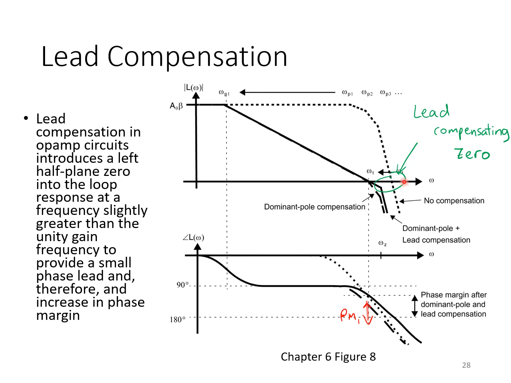That's why we do so at a frequency above omega t, because we don't want to disturb omega t too much. However, even at a frequency below the zero frequency, specifically at omega t, the lead compensating zero, since it's a left half plane zero, will introduce some additional phase shift.